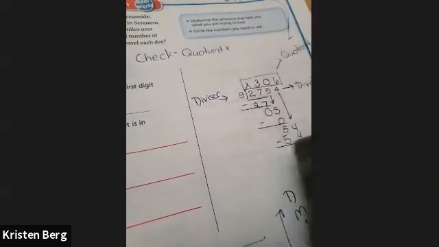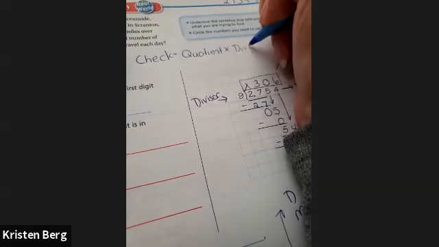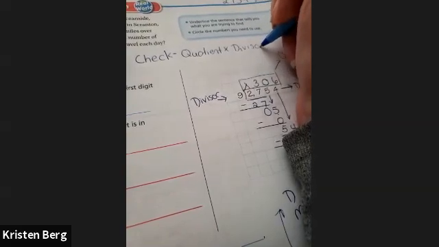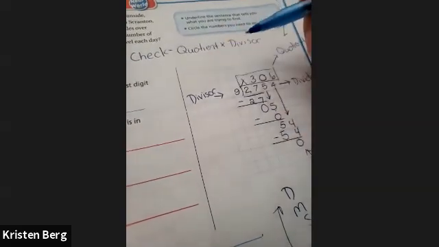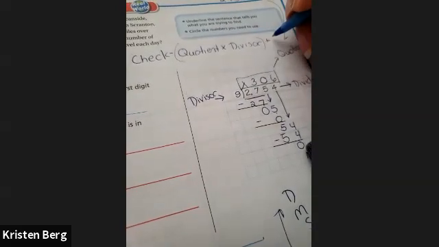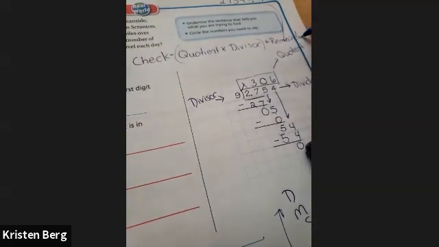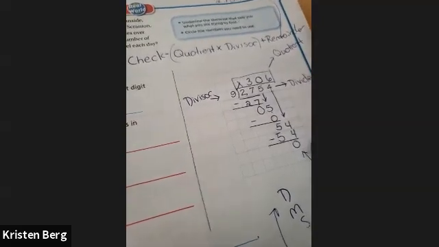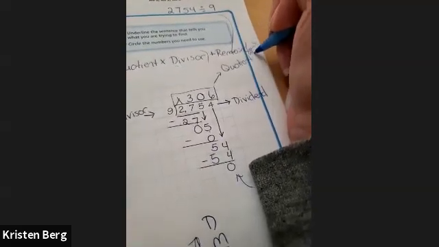You would take your quotient and times it by your divisor first. And then if you do have a remainder, you would then add in your remainder. And then that will equal your dividend.